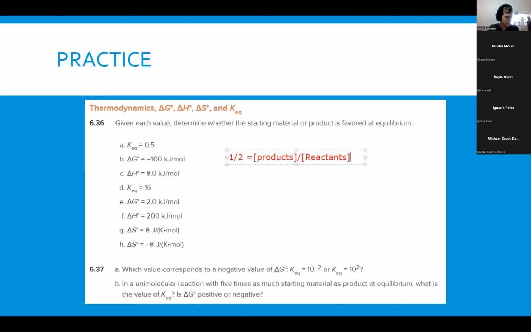In order to get these two things to be equal to one another, reactants must be greater than products. Does that make sense? Because if there were more products than reactants, K would be above 1. If I have 2 divided by 1, 2 products to 1 reactant, the value would be 2.